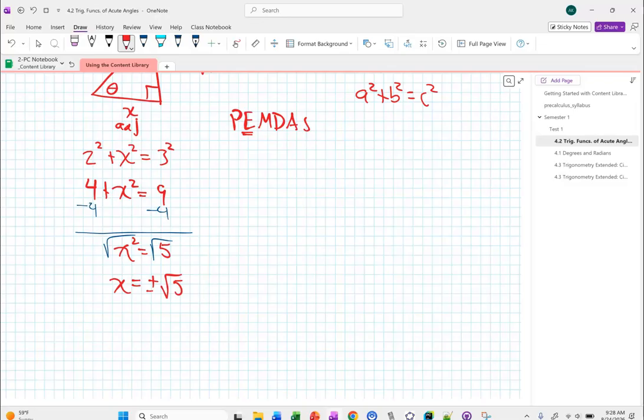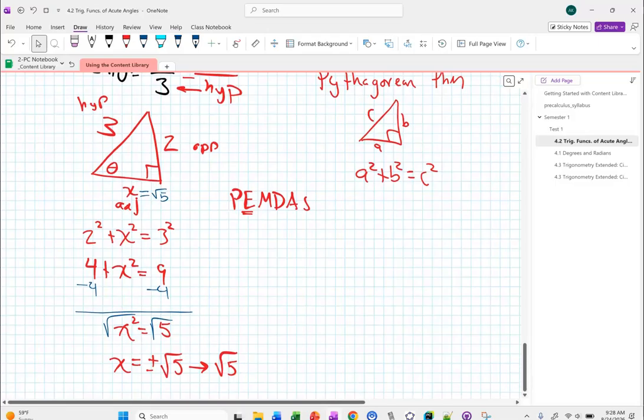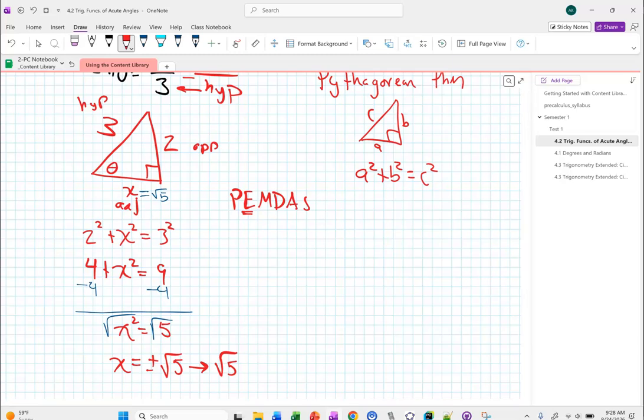So what does that tell me about the plus or minus? Just the plus, right? So I'm going to go back up to my picture and write in square root 5 where the x is. Is everybody good?